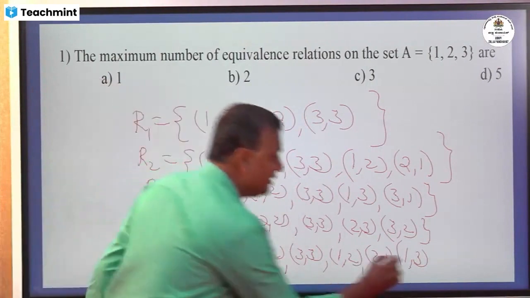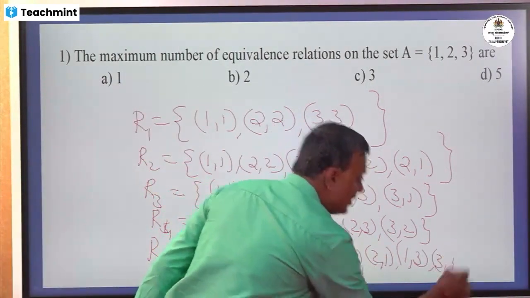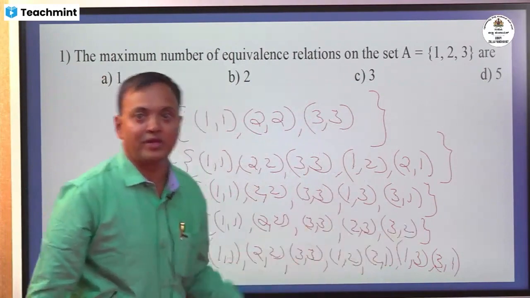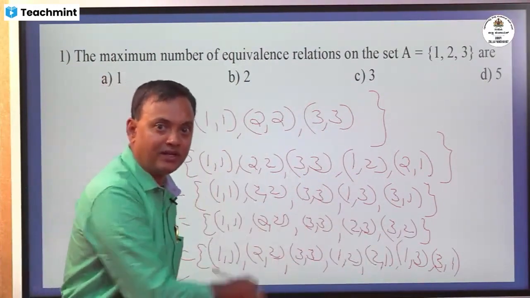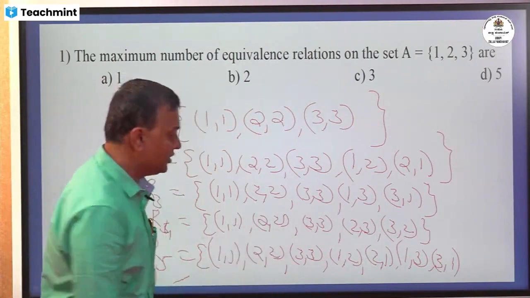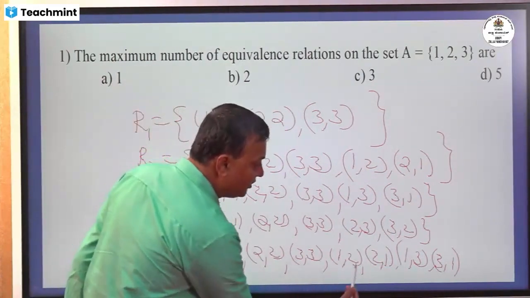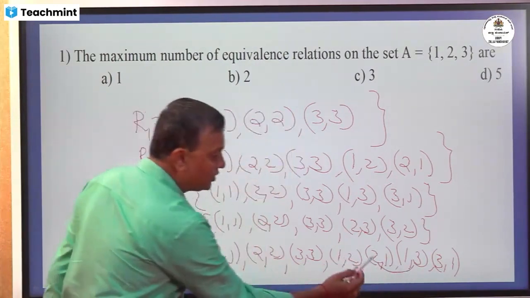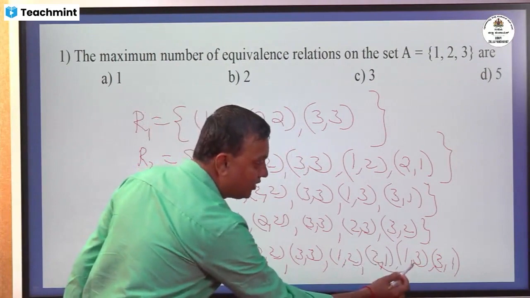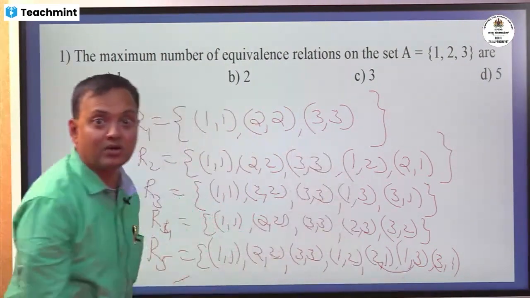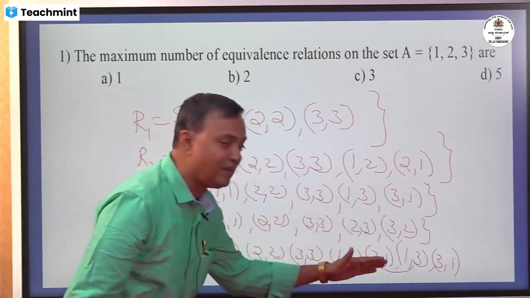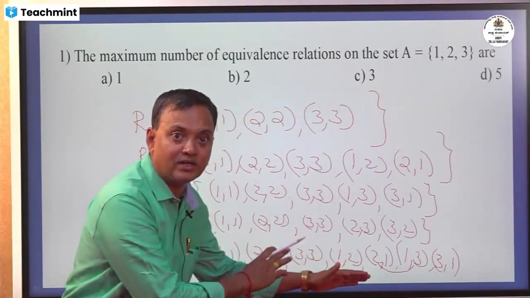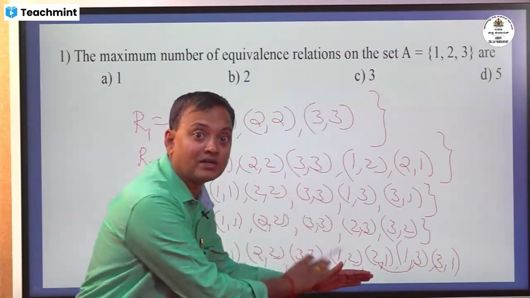For symmetric, (3, 1) must occur. Suppose we have (1, 2), (2, 1), (1, 3) and (3, 1): reflexive, symmetric. Is it transitive? Check it. Take (2, 1) and (1, 3); then (2, 3) must occur. So if only this many ordered pairs are there, the relation is reflexive, symmetric but not transitive.